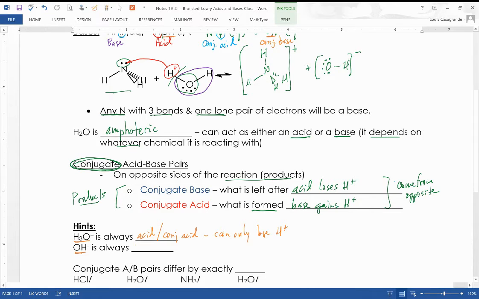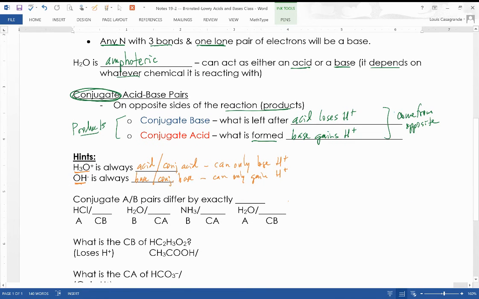Hydroxide is always going to be either the base or the conjugate base. Again, you can have it on the reactant side as well. And that's because it can only gain a proton. And so the definition of conjugate acid-base pairs should show you that they are always going to differ by exactly 1 H plus.